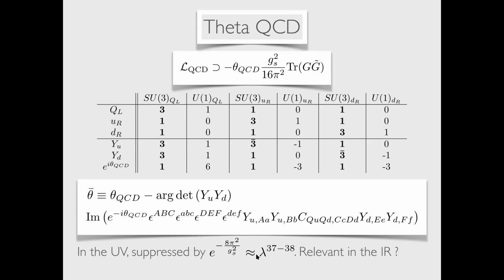However, these things could be relevant in the IR. The CPV that comes from this theta QCD could compete with the ones I worked out. So that's the answer about theta QCD and how that works out with the next correction in the SMEFT. We haven't really worked it out yet, but that's something on our table indeed.